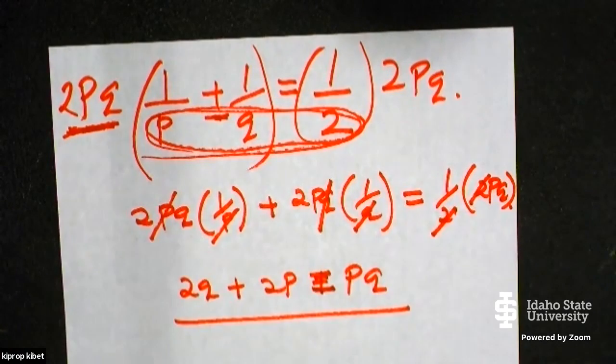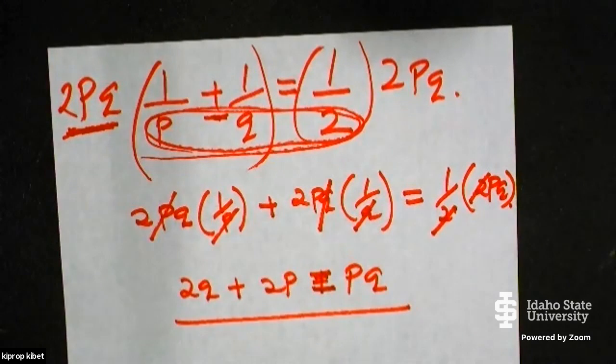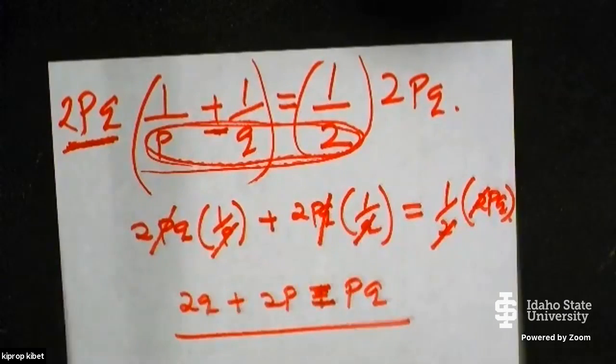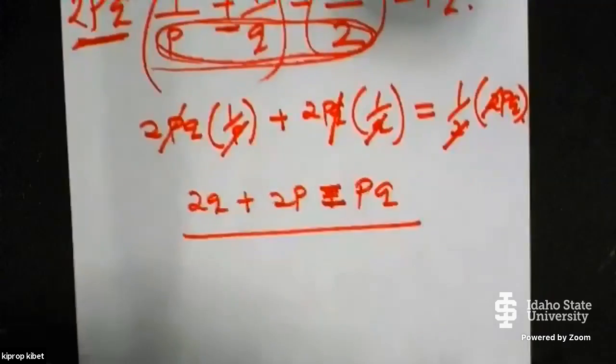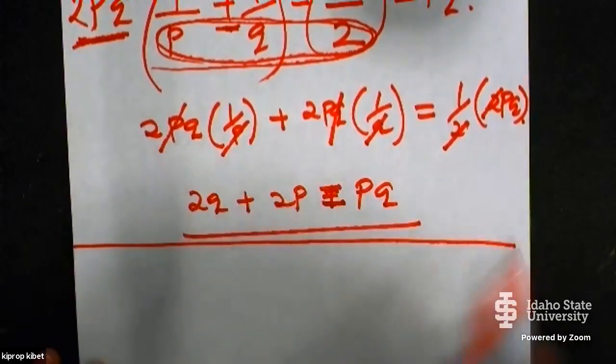So that's how we can remove the fractions. You multiply by the least common denominator. All right, so let's look at it. I think we did some of them here, so we can repeat it again.